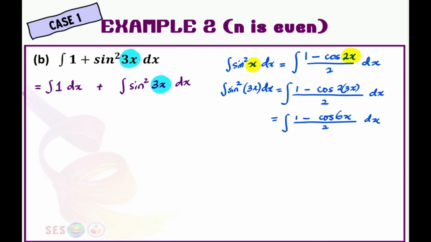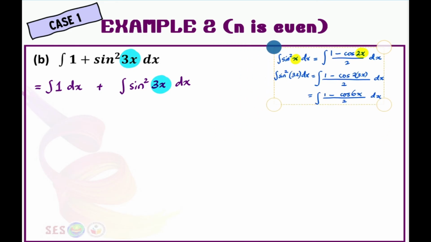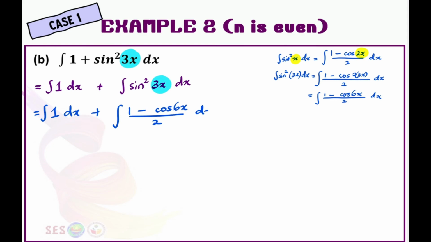Later, if you are good at this, you can easily substitute the formula without writing extra notes on the right hand side like this. So I make it smaller. Now, integrate 1 dx plus integrate, so I will substitute 1 minus cos 6x over 2 dx. Now I can integrate easily.